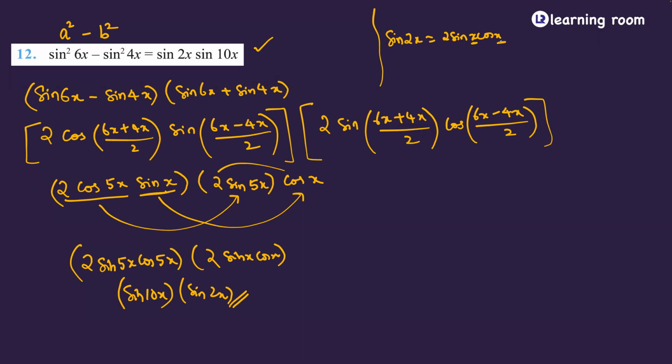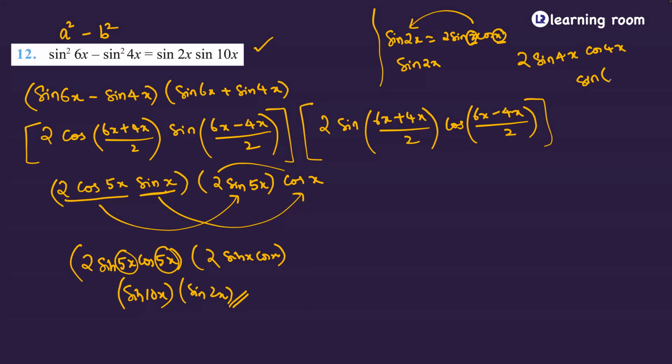Because 2 sine 5x into cos 5x. If 2 sine x into cos x, you write it as sine 2x. Using the same logic, you tell me if there is a question like this, 2 sine 4x into cos 4x, how will you write it as? Sine of double this angle.